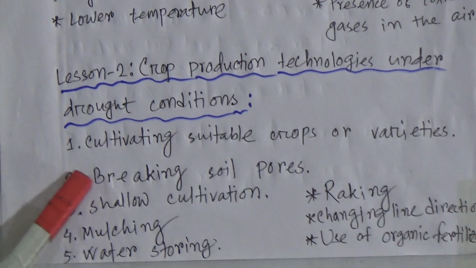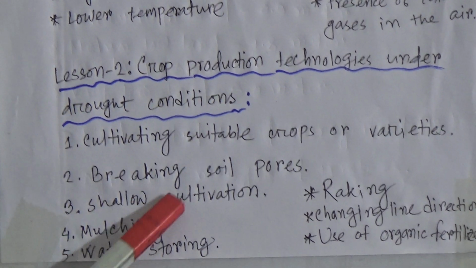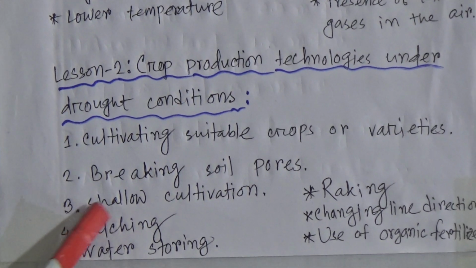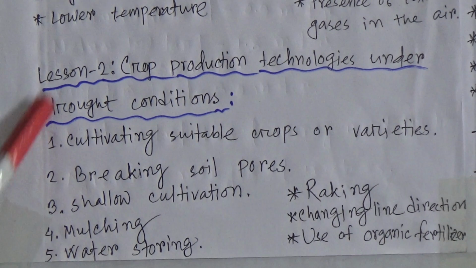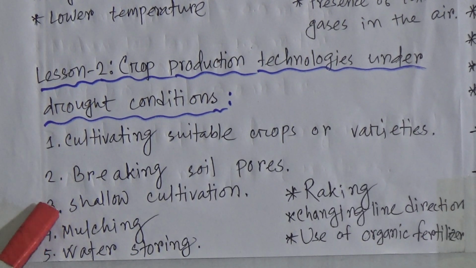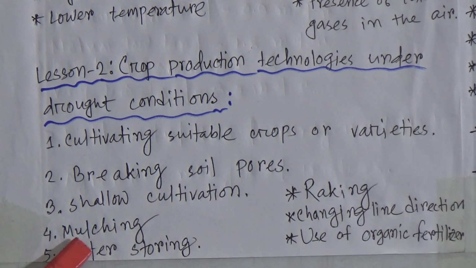The soil would not be very much dry and the farmer would be able to produce more crops. Then shallow cultivation. Such kinds of crops should be chosen for drought prone land which are shallow cultivation. Then mulching, the crops should be mulched well.